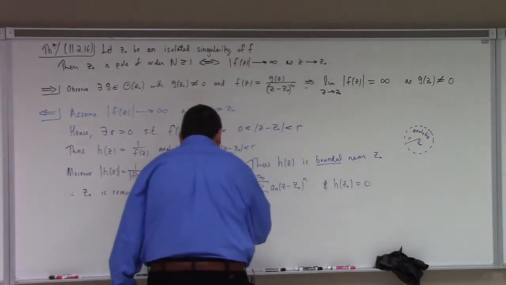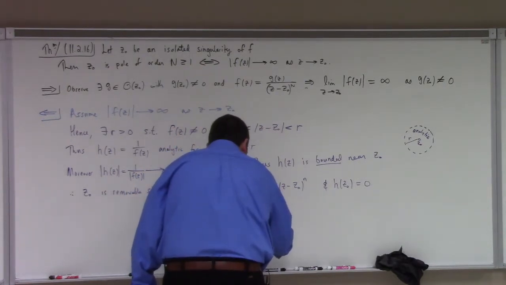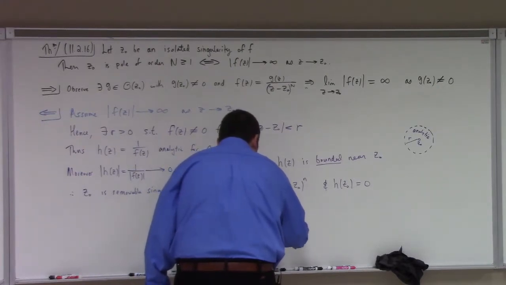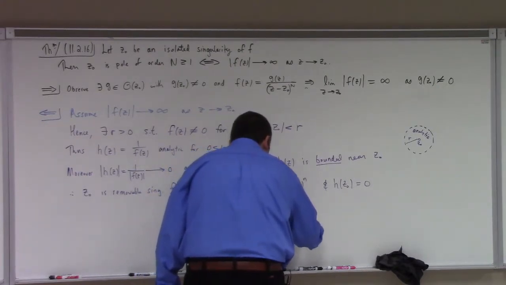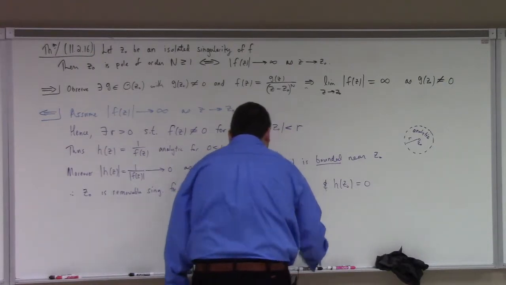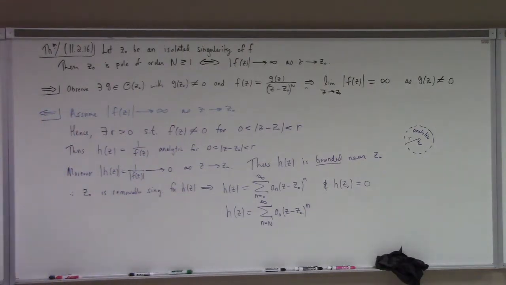Which says that h of z is really what? The sum n equals n to infinity of a sub n times z minus z naught to the n, for some n, because the 0 could be repeated n-fold times, right?